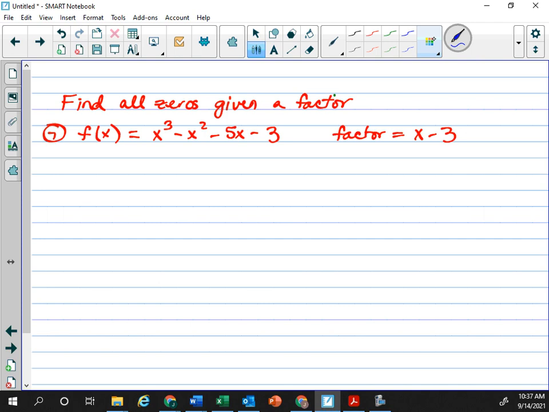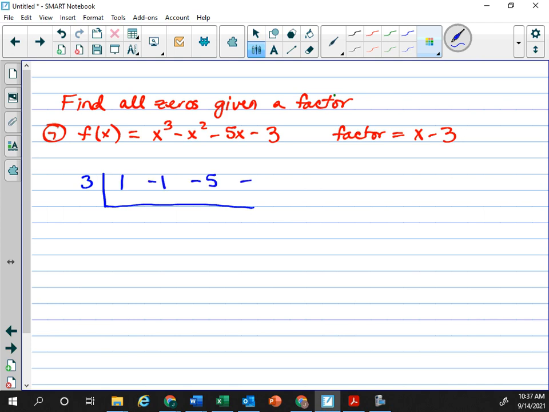Yep. So guys, to find all the zeros, you need to get this down to a completely factored polynomial. So where do you think we should start? Division, yeah. All right, so I'm going to divide, and can I use synthetic? Yeah, so I'm going to start with the 3 out here. And if they're telling me this is a factor, what would you expect to get for your remainder? Okay, good.